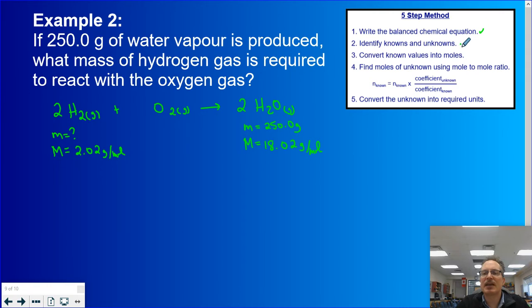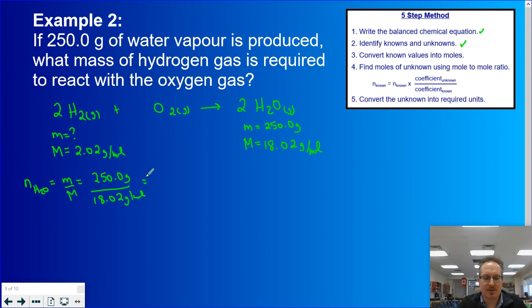So step number 1, we wrote the balanced chemical reaction. Step 2, we've identified our knowns and unknowns. Step 3, where do I have enough information to calculate moles? Well, for water vapor, I have mass and molar mass, so that's where I start. I'm going to find the moles of H2O. Mass over molar mass. 250.0 grams divided by 18.02 grams per mole.